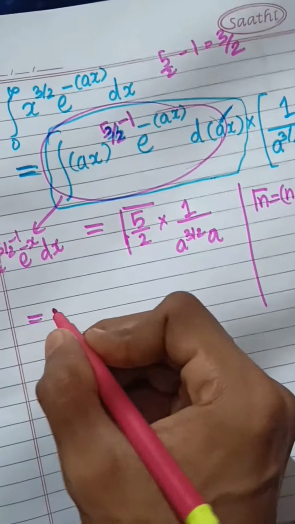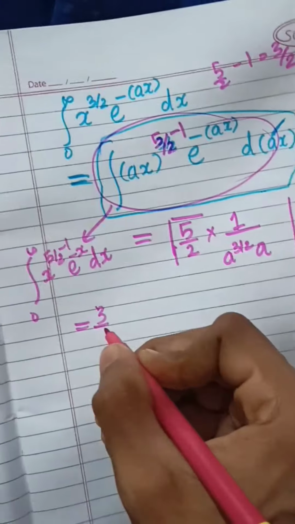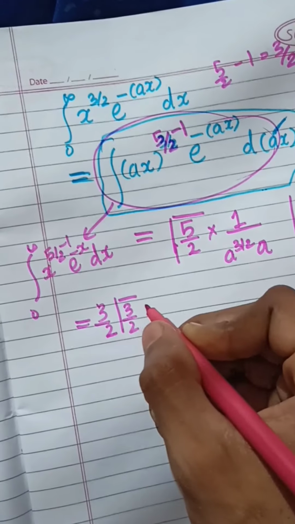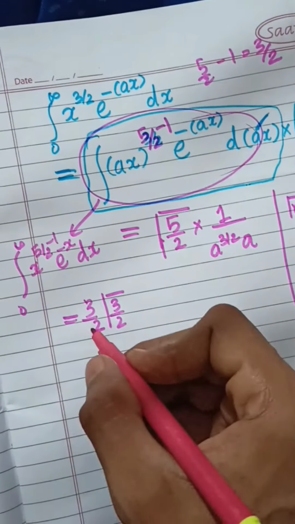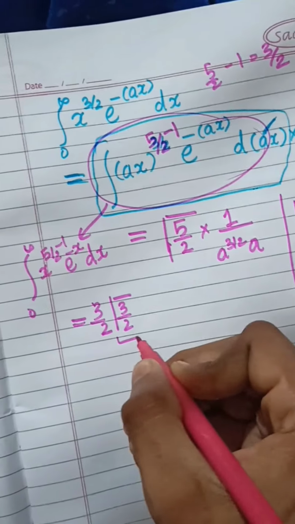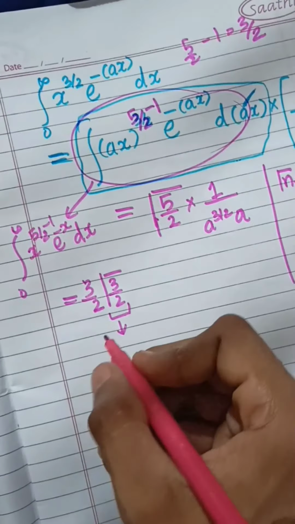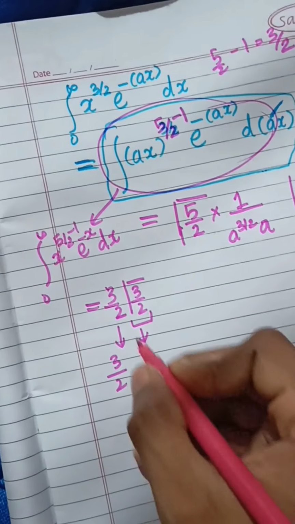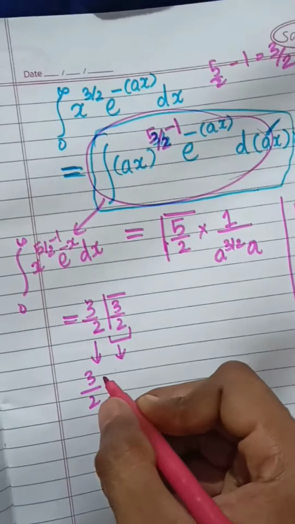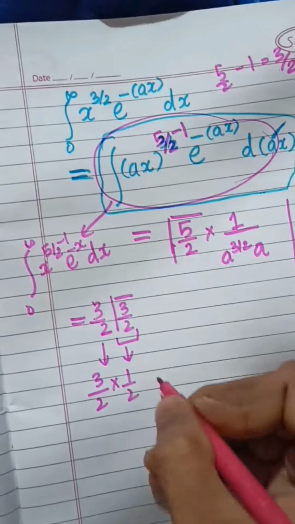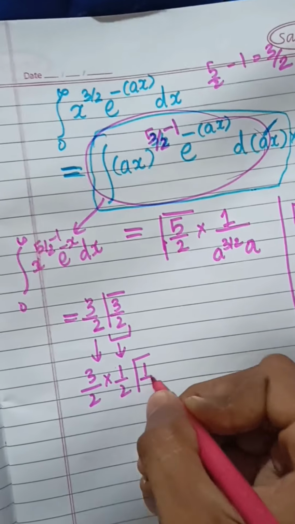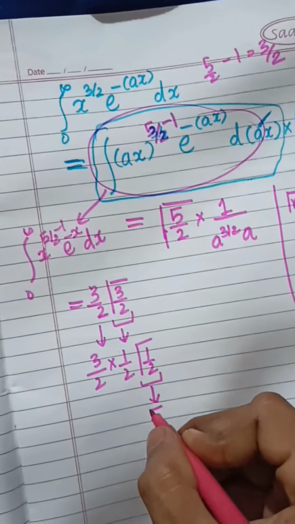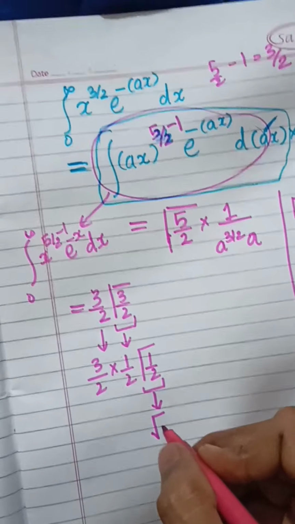This gamma 5 by 2 can be written as 3 by 2 gamma 3 by 2, and this gamma 3 by 2 is 1 by 2 gamma 1 by 2, and this gamma 1 by 2 is root pi.